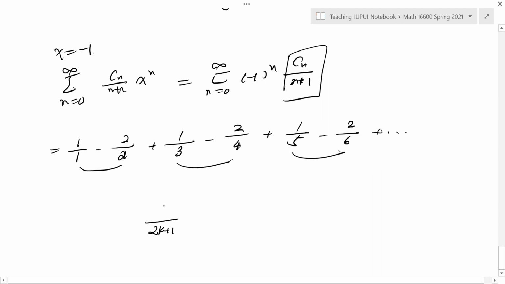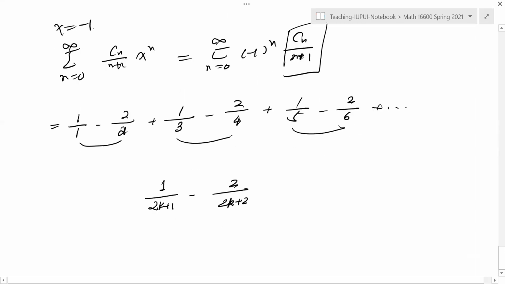So when n equals 2k, that's positive. That's 1 minus 2, 2k plus 2. Let's see how it looks. So you will get 2k plus 1 and 2k plus 2, and then 2k plus 2 minus 2 and 2k plus 1.